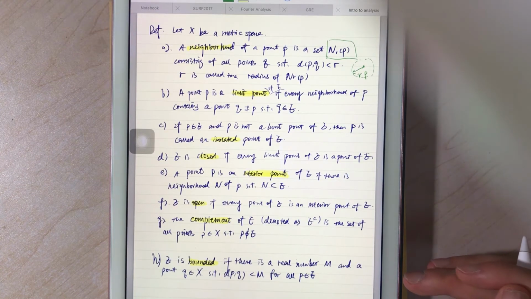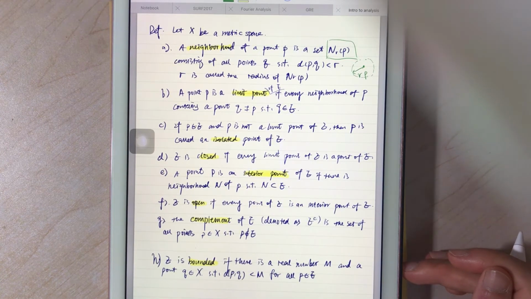G, the complement of E is the set of all points P in X such that P is not contained in E. So the complement of a set contains all the points that lie in X but do not lie in E, right?